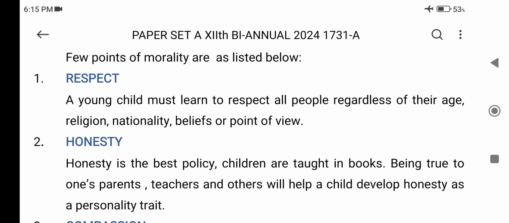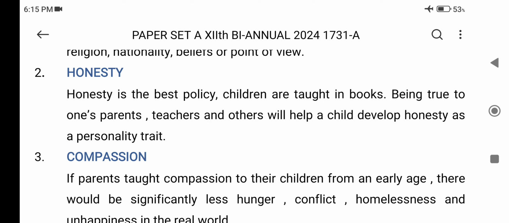Number 1, respect. A young child must learn to respect all people regardless of their age, religion, nationality, beliefs, or point of view. Number 2, honesty. Honesty is the best policy. Children are taught in books.